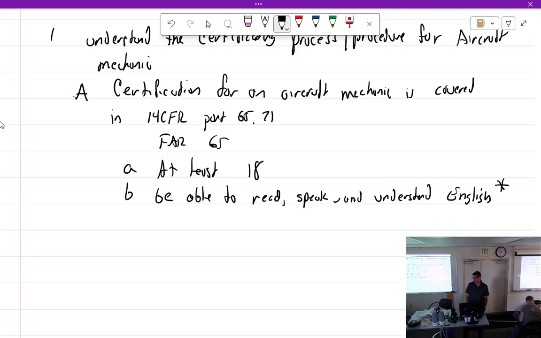There is a caveat in there that says if you're unable to read, speak, and understand English, you can still get an A&P certificate. On the back it will say valid only outside of the U.S. That way, American carriers like United and American, which have A&Ps work on their airplanes but fly all over the world, can serve them anywhere.